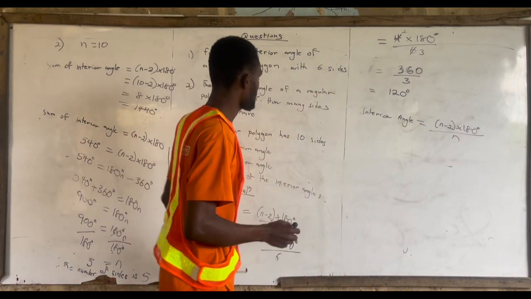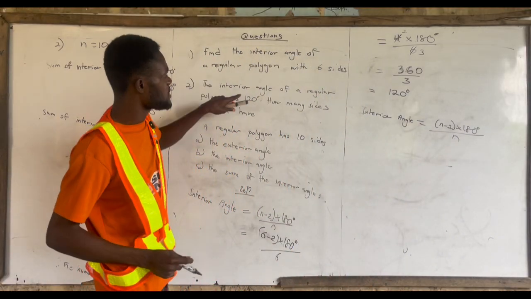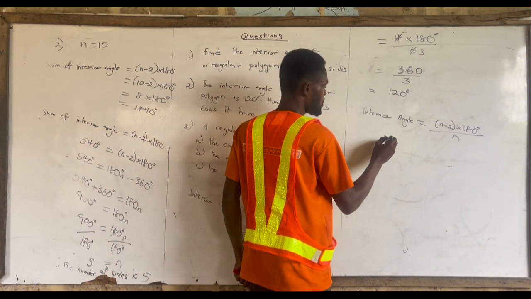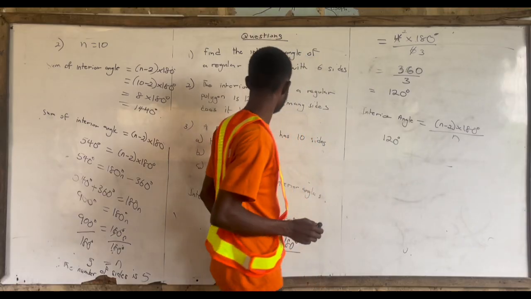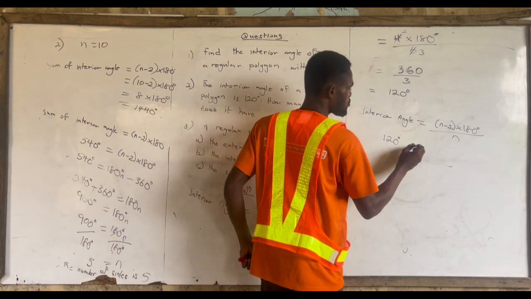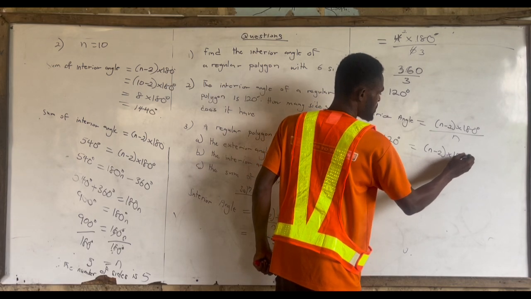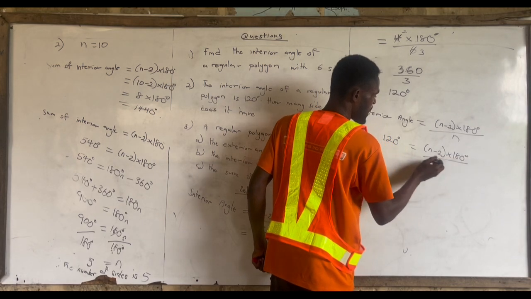That is the formula. So here our angle is going to be 120 degrees: 120 is equal to n minus 2 times 180 degrees divided by n.